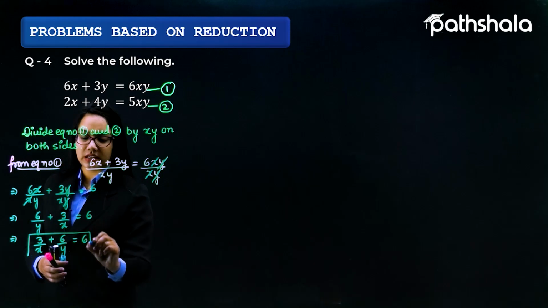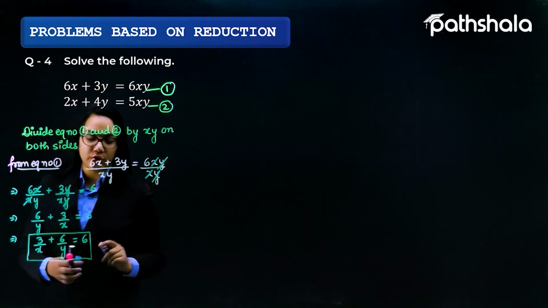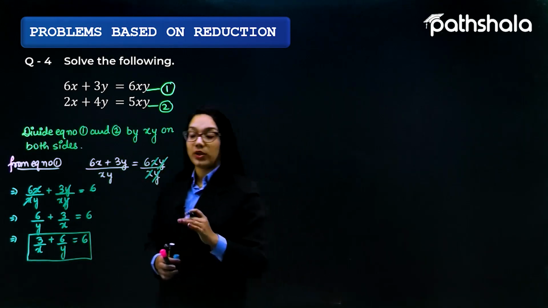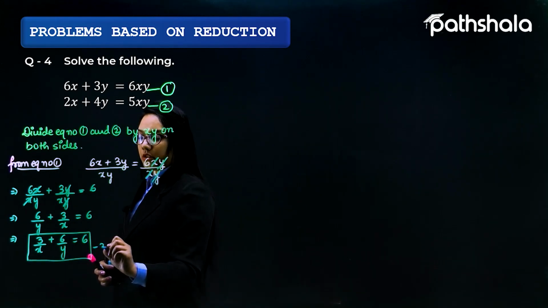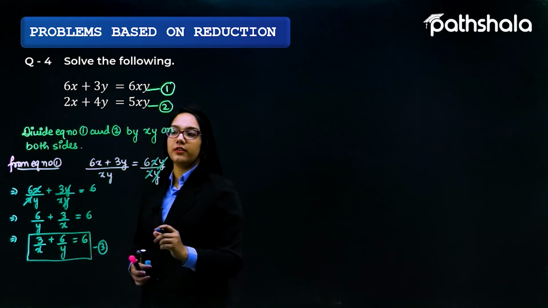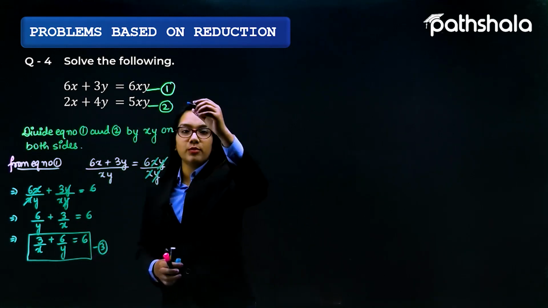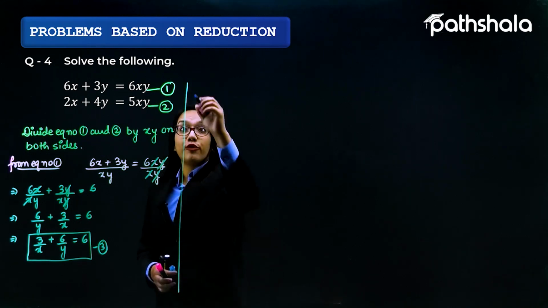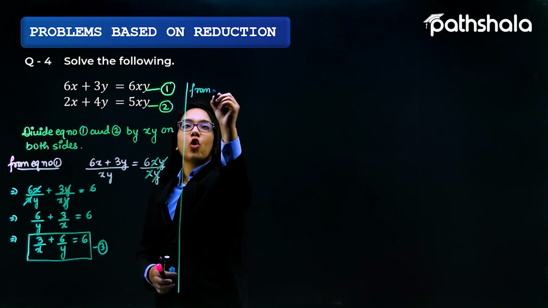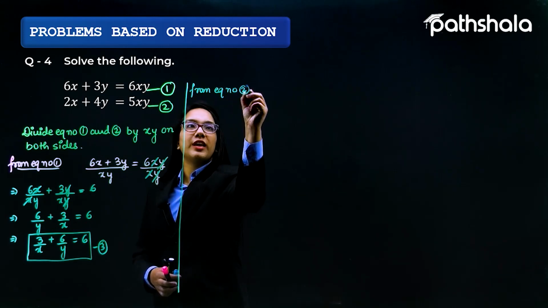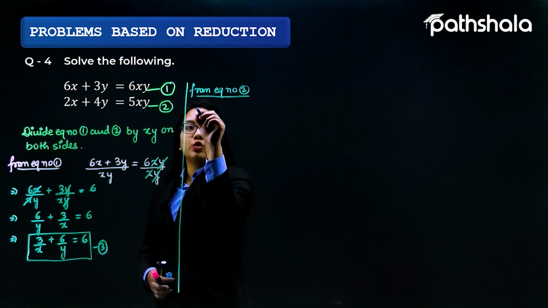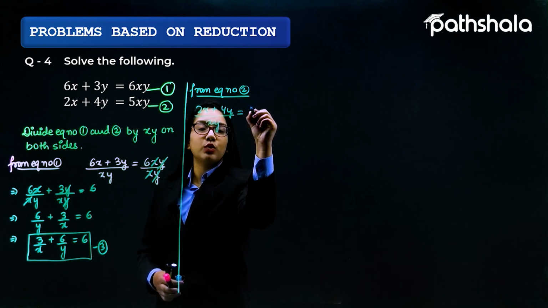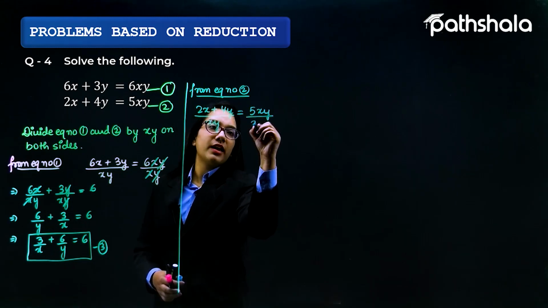And this is the equation which can be further reducible into the formation of capital A and capital B. So let us call this equation number 3. And in the same manner as we did with the equation number 1, we'll move on towards the equation number 2. So starting from the equation number 2, we can say that 2x plus 4y divided by xy is equal to 5xy by xy.